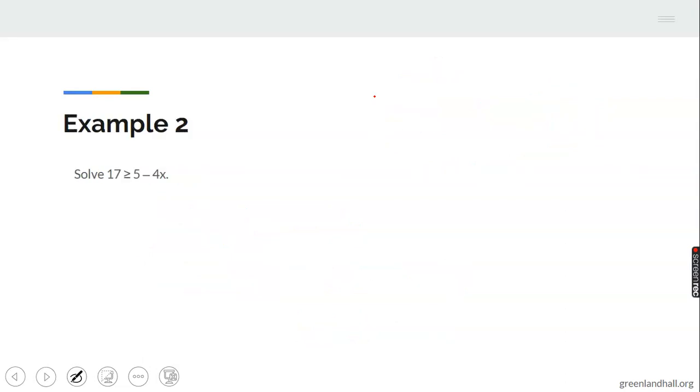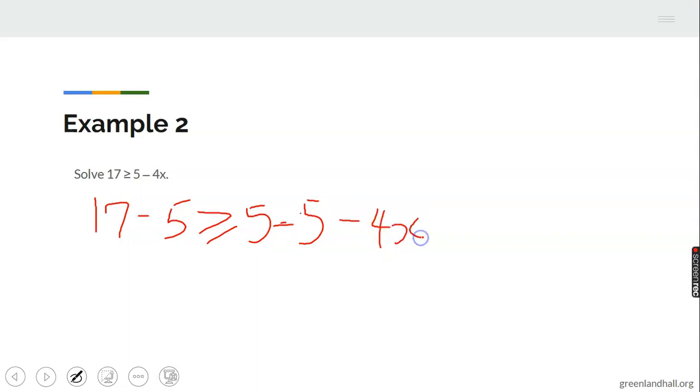Now let's check this out again. We have 17 greater than or equal to 5 minus 4x. So how do you go about this? Let's subtract 5 from both sides. Then 17 minus 5 is 12, so 12 greater than or equal to minus 4x.